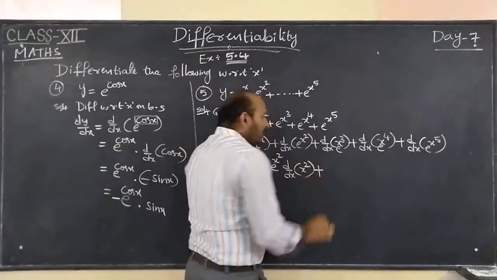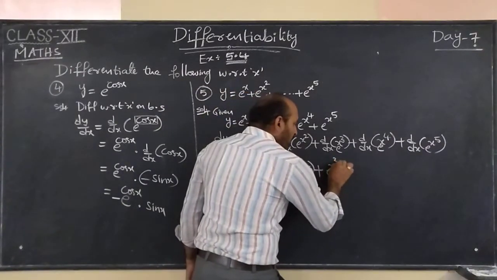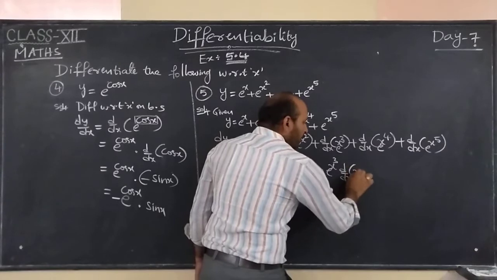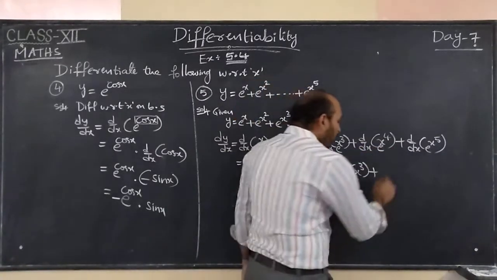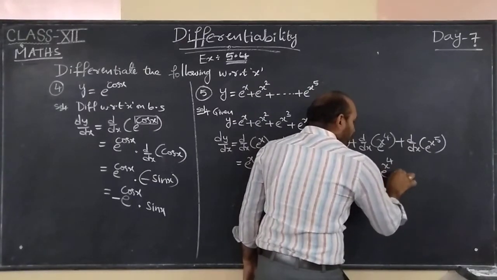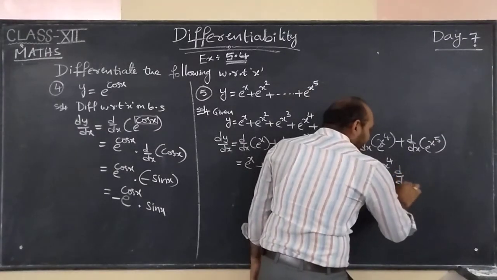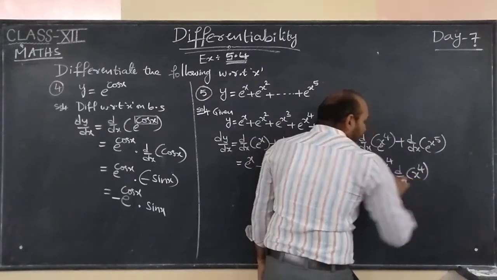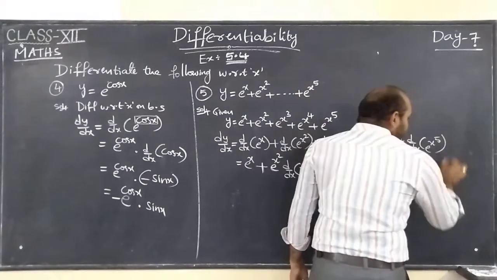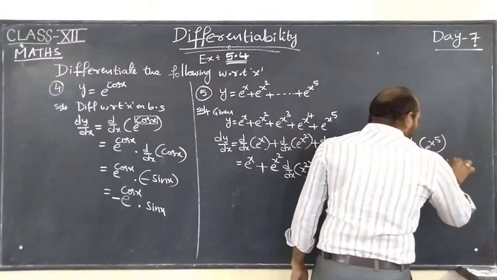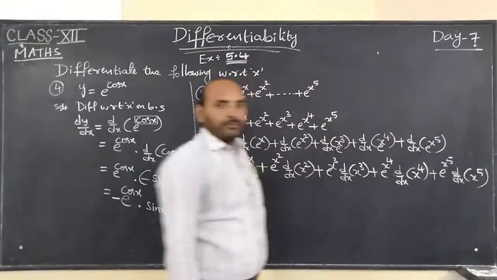Plus the derivative of e power x cube: e power x cube and the inner function d by dx of x cube, plus again e power x power 4, derivative of e power x power 4 is e power x power 4 into d by dx of x power 4, chain rule, plus e power x power 5 into d by dx of x power 5.